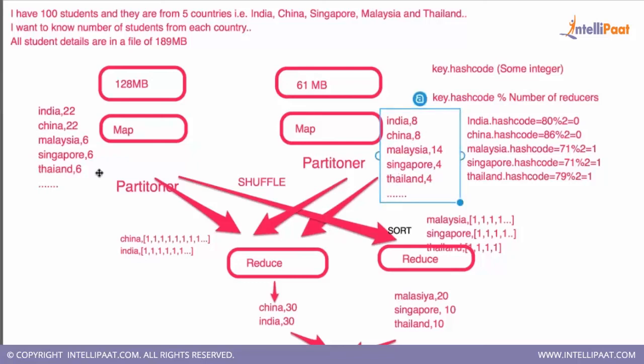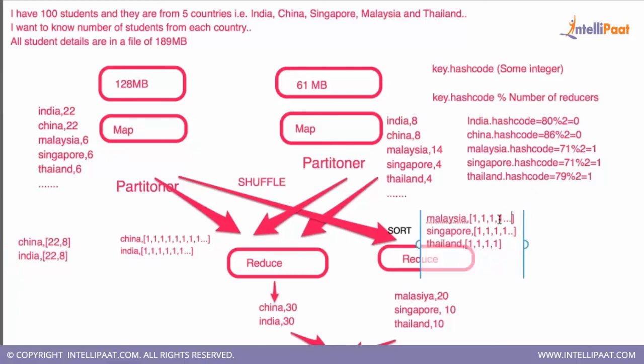Now, instead of China and India like this, with the combiner we will get China 22, 8, India 22, 8.